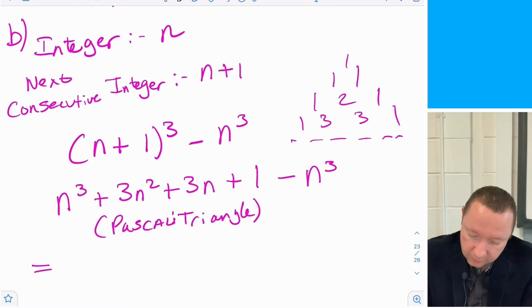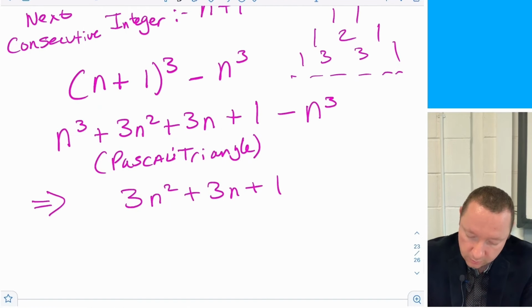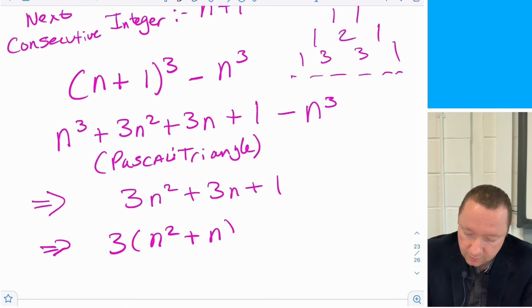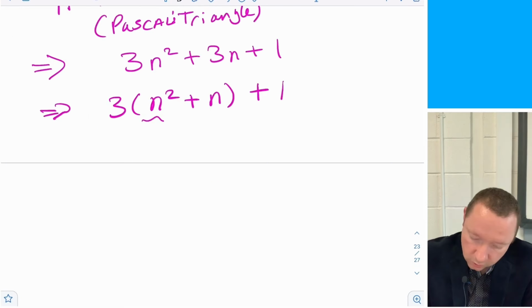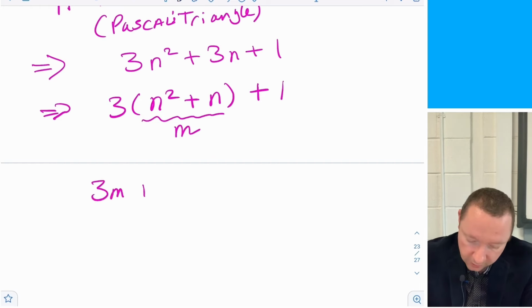That implies n cubed minus n cubed is nothing. We've got 3n squared plus 3n plus 1. You should be able to see there that we've got 3 bracket n squared plus n, plus 1. So let's just call that m.